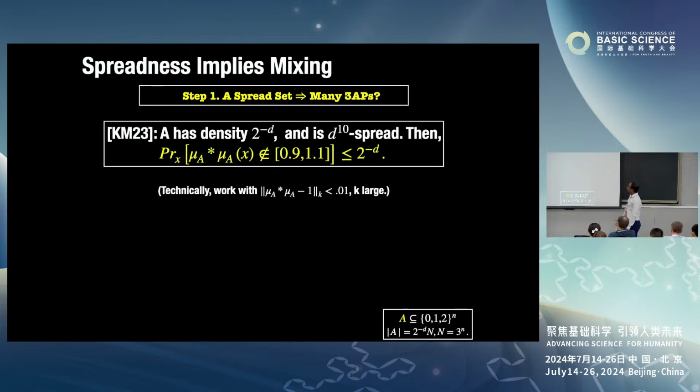Okay, and concretely, we show A has some relative density. I changed delta to 2 to D. The bounds will be somewhat bad, but A has density, and the convolved density is very close to the uniform density. It's actually going to be within 0.9 and 1.1 for all small numbers.